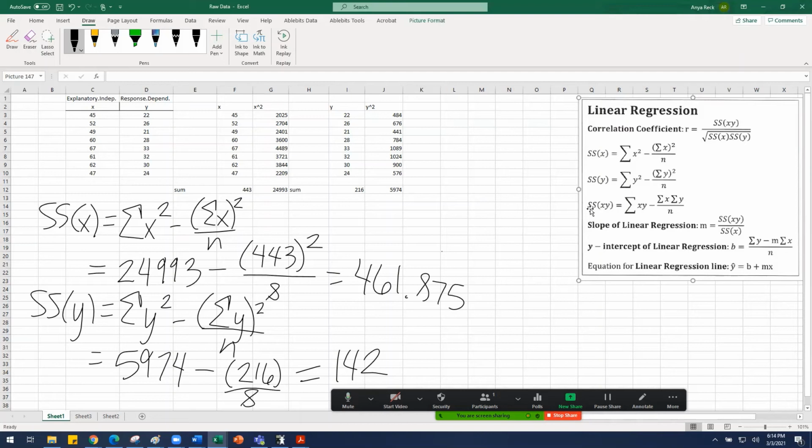The next formula says we need the sum of x times y. So we'll copy the original x and y table. We need the column x times y. So equal x times y.